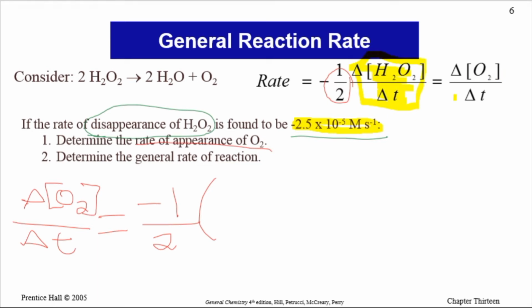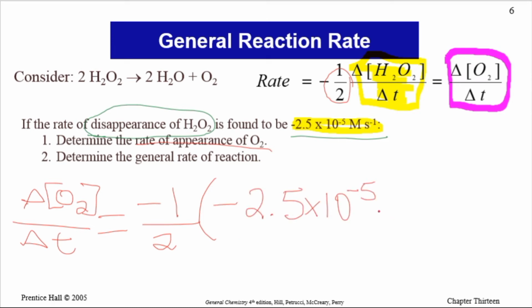And then the pink that I'm highlighting right here, that's our x, right? So it's that whole fraction. That's our x and our y, essentially. So we're going to plug that in. So negative 2.5 times 10 to the negative 5th molarity per second. So you're essentially dividing this by 2, and that should give you your answer. So go ahead and do that in your calculators, and that will be your answer.